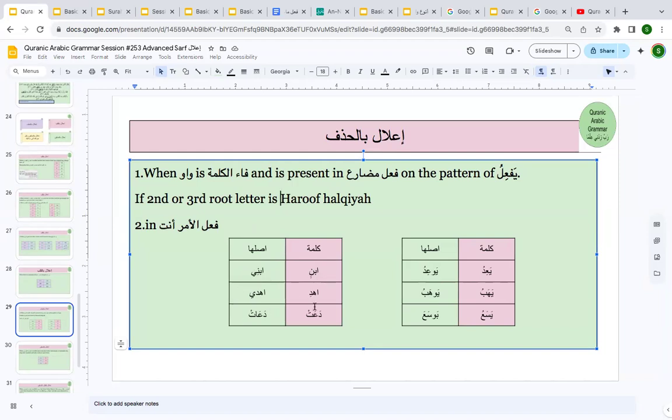But in this last example, you notice the word is da'at. So what happened to this waw? Where is this alif coming from?